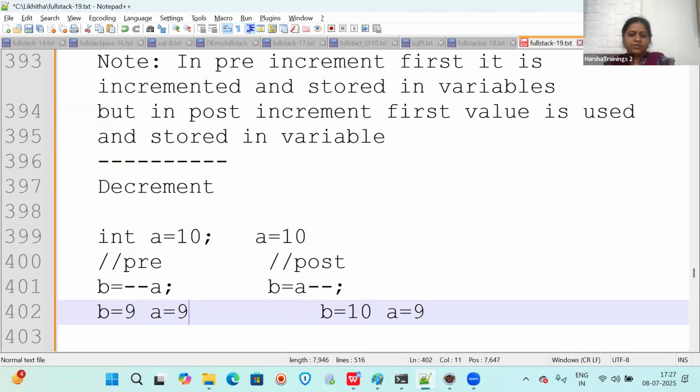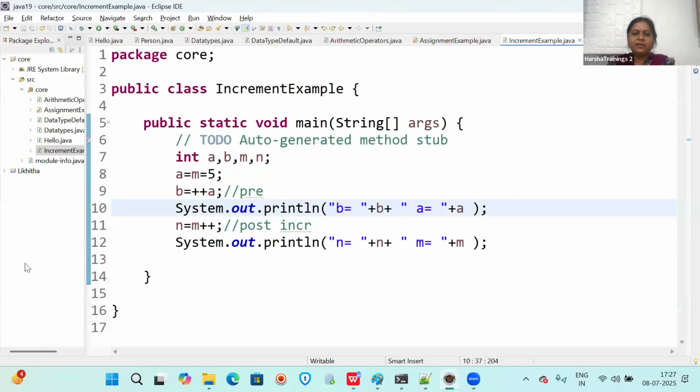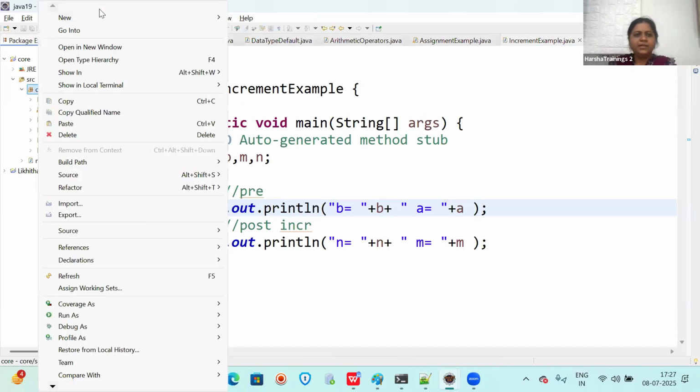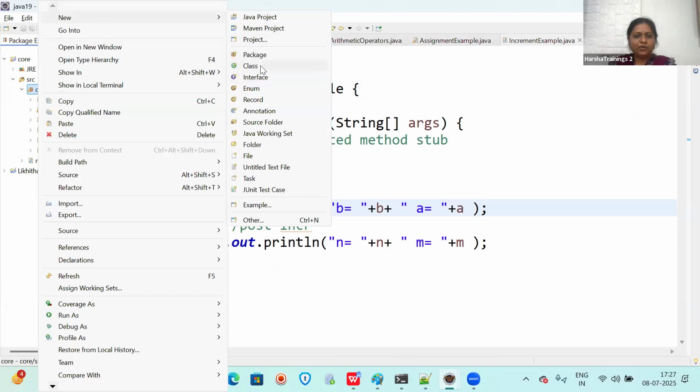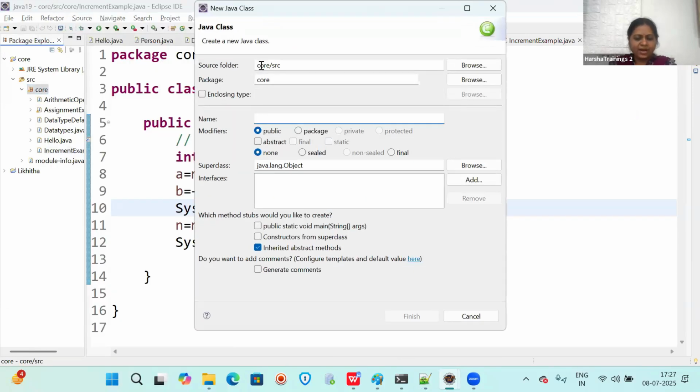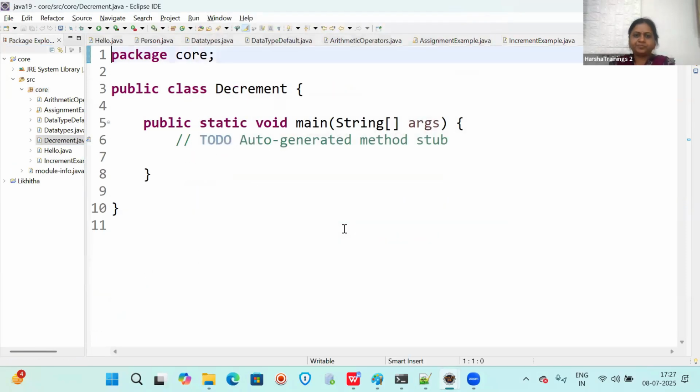Okay. So now same example, if you are using it with the decrement operator. Just I am creating one more example. So new, and then I'm going to create a class and write here decrement and then the main method. Here also you can use the same variables: int a, b, m, n.